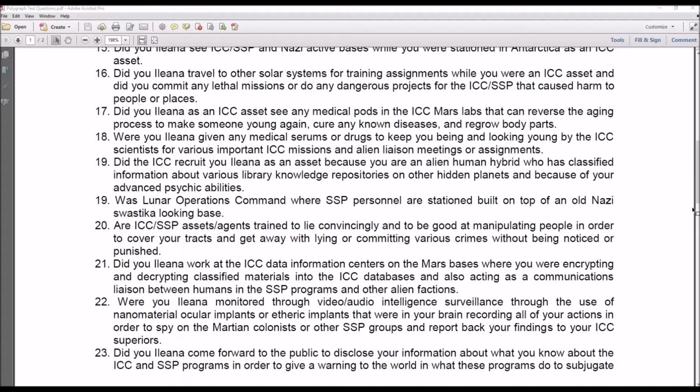Was Lunar Operations Command, where SSP personnel are stationed, built on top of an old Nazi swastika-looking base? No. And the reason why the answer to the question is no is because when I was on the LOC, Lunar Operations Command, on the moon, I remember the LOC as being a circular type, huge base complex that had many levels of offices and also recreation areas that were gardens.